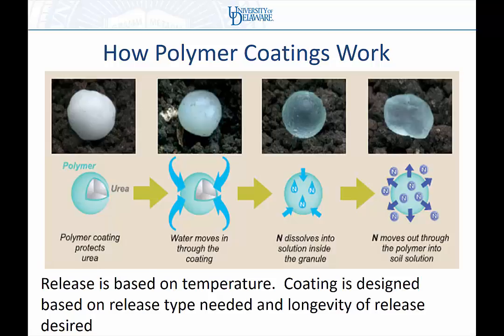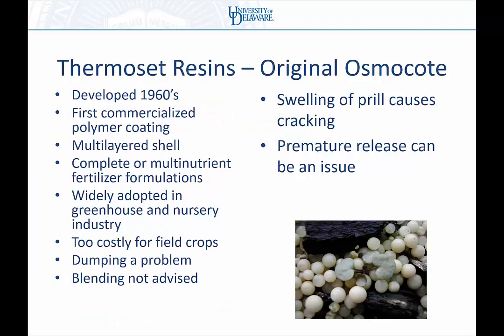But it is temperature dependent. So for these polymers, the diffusion rates through the pores or the channels or wicks in the coating are controlled by temperature. They're not controlled by microbial activity. They're not controlled by moisture levels. So let's look at each one of these a little bit closer.